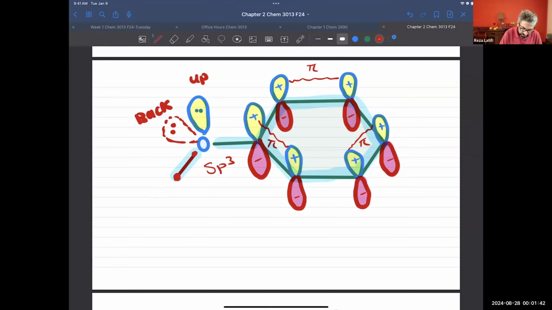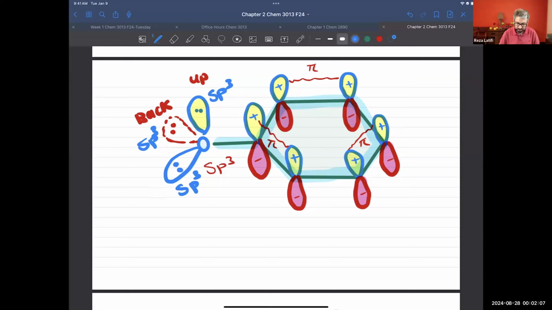Oxygen is going to take those 2 electrons, and they will stay inside an sp3 orbital. Remember, any of these is an sp3 orbital. So now we have 3 lone pairs on oxygen and a sigma bond. It will be an octet. I see 8 electrons around it.